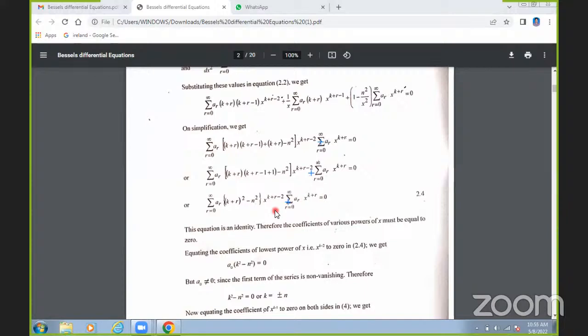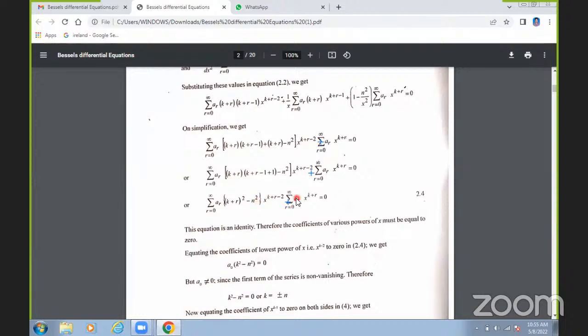Since the equation is an identity, the coefficients of the various powers of x, that means the coefficients of x to the power of k+r-2 as well as x to the power of k+r, should each equal 0.